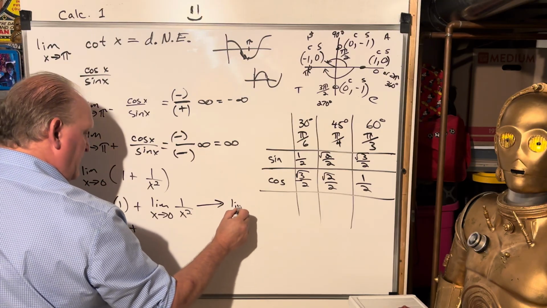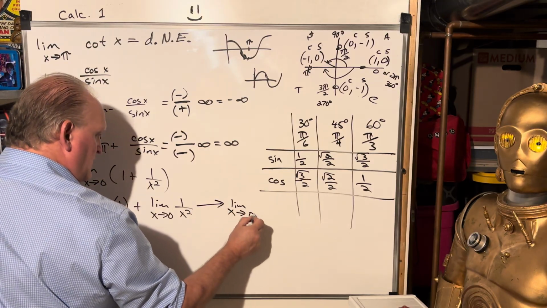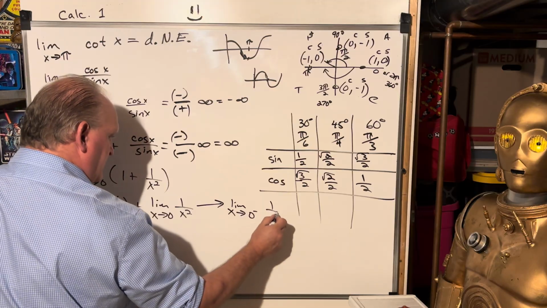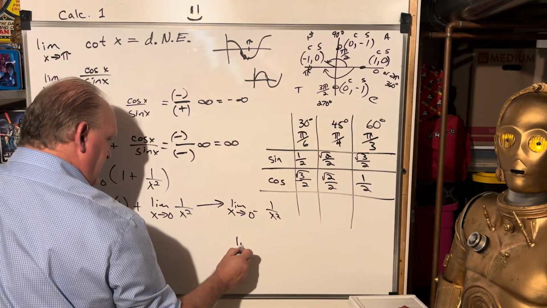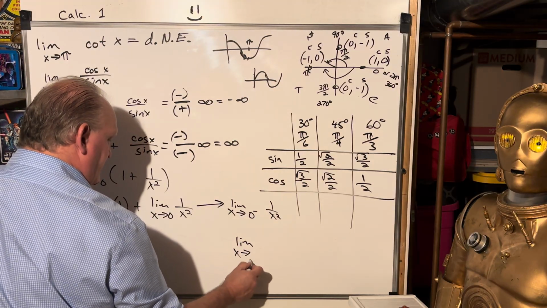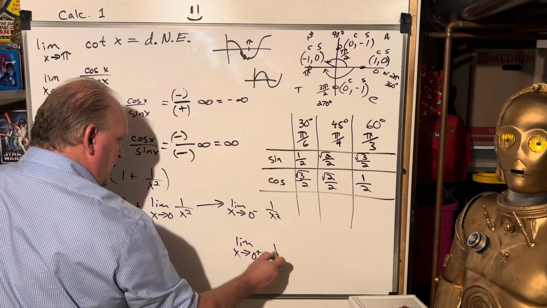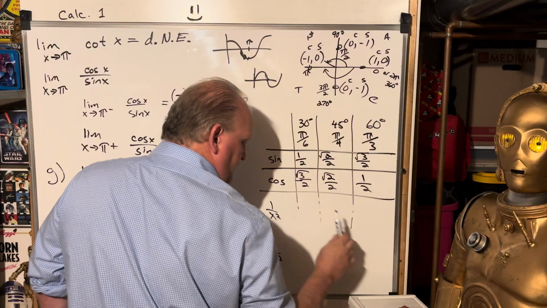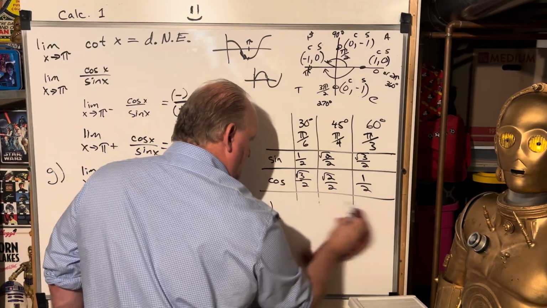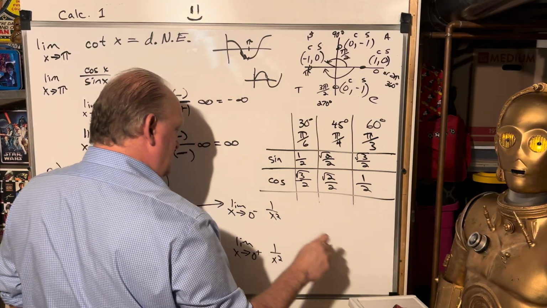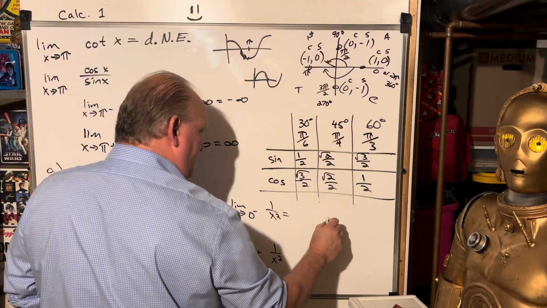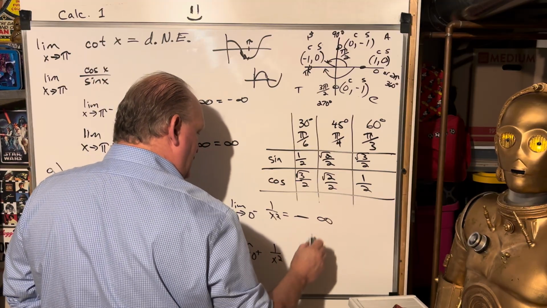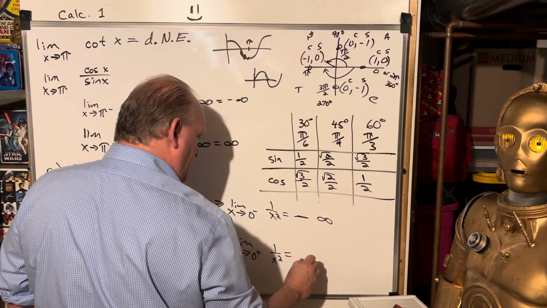So we're going to do the limit as x approaches 0 from the left side of 1 over x squared, and the limit as x approaches 0 from the right side of 1 over x squared. And so again, there's an asymptote there. So we're looking at infinity, but is it positive infinity or negative infinity?